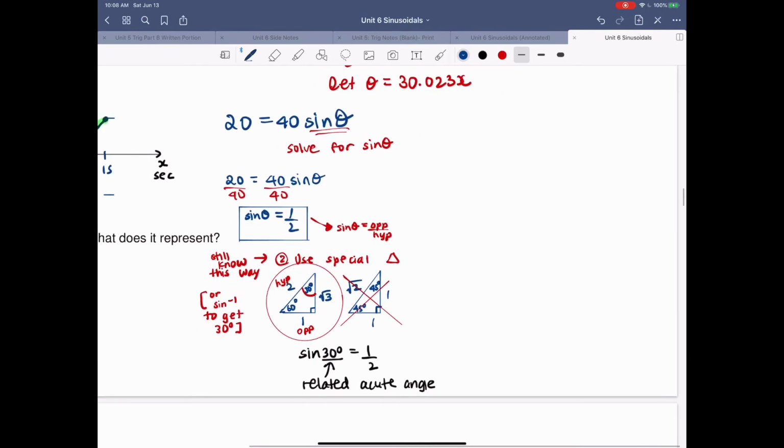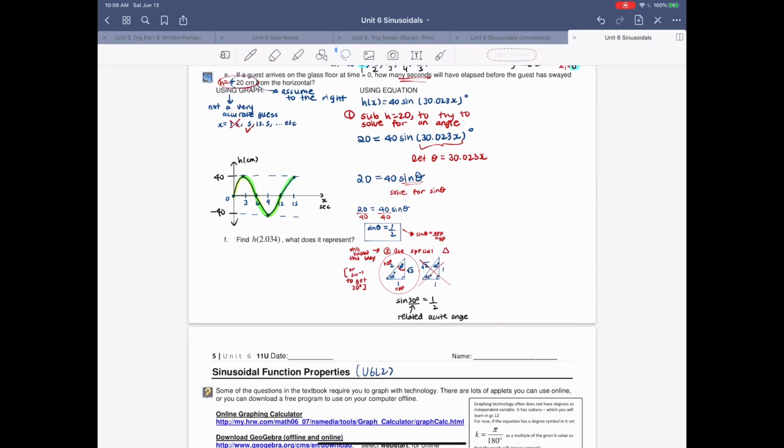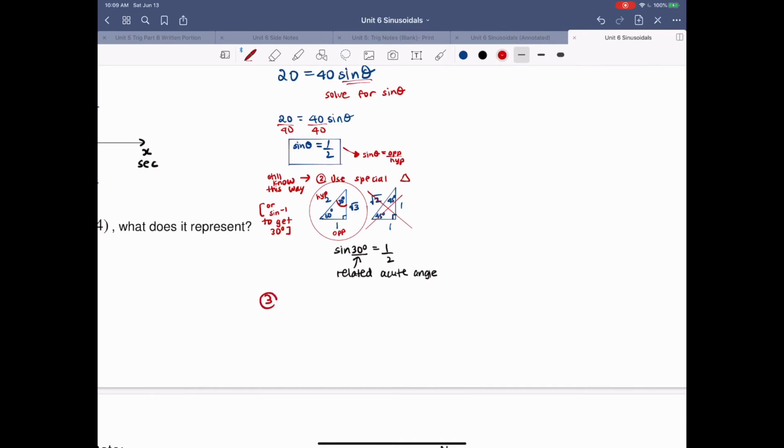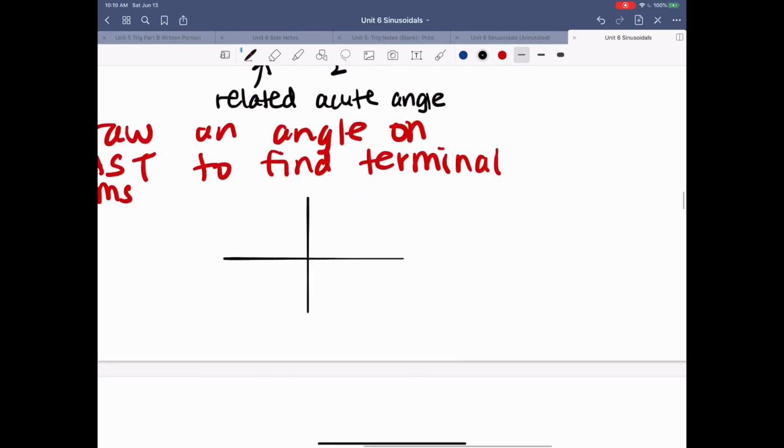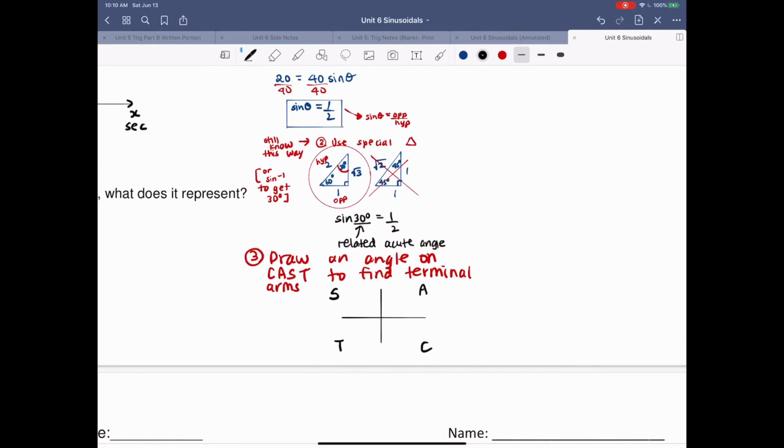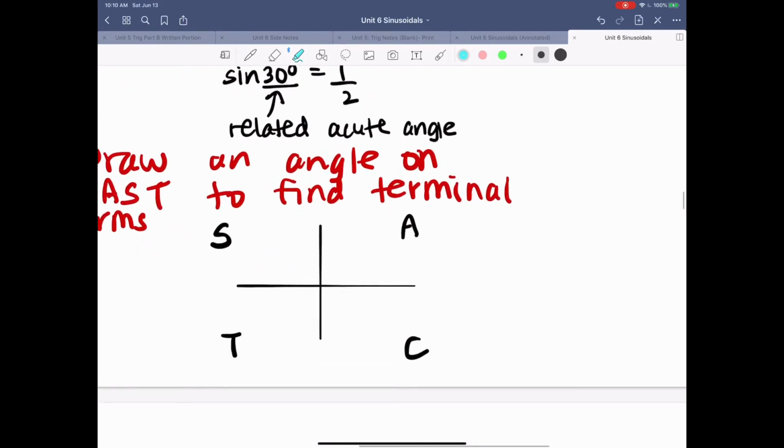Step 3. Step 3 is using the CAST system. So I'm going to draw an angle on CAST to find the terminal arms. Right now we're dealing with the sine ratio, and we noticed that sine theta was equal to a positive a half, right? So according to CAST, my angle must be here.